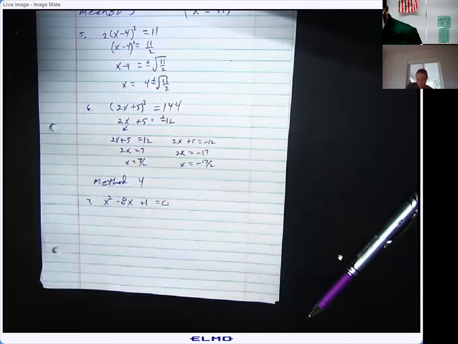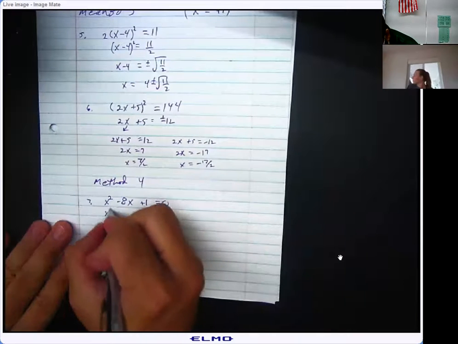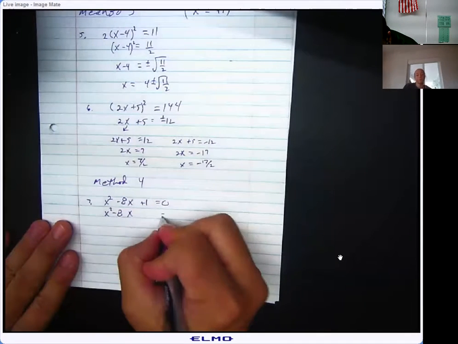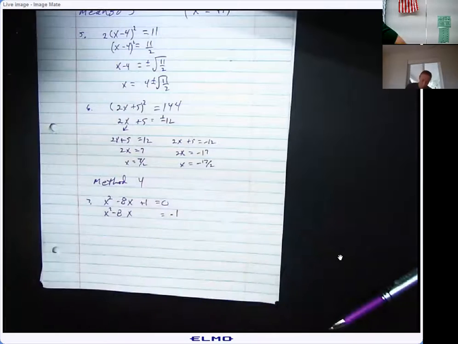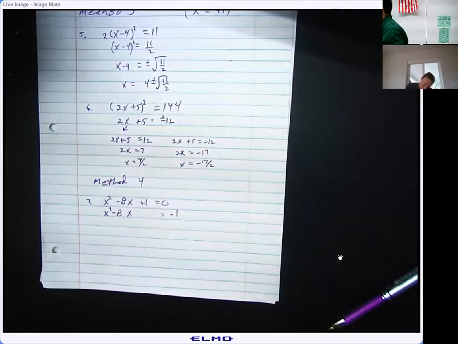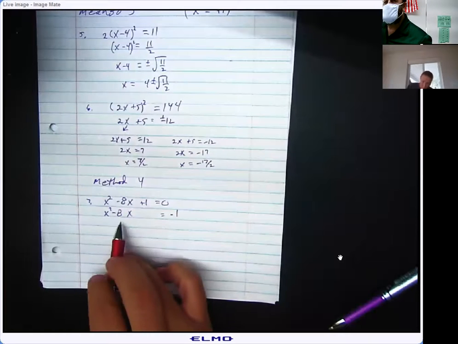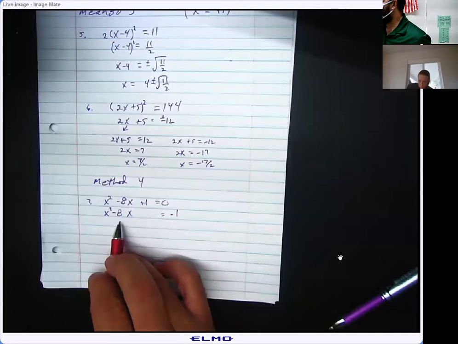So this method right here, let's see if you guys can remember this one. This is honestly my favorite way of solving a problem that is non-factorable. Let's see if you remember it. You take this dude right here, you cut it in half. You guys remember the next part?